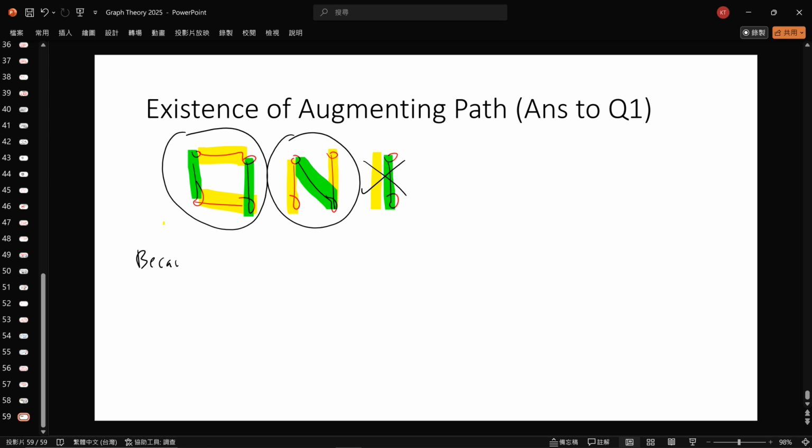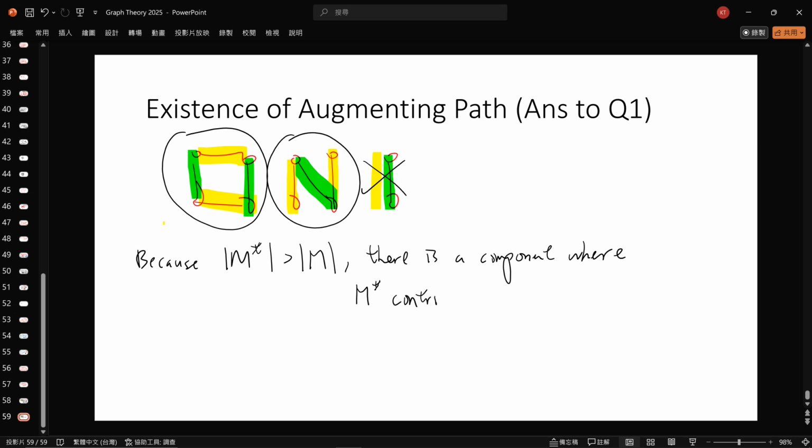So because M star is larger than M, there's a component where M star contributes more edges than M, okay?